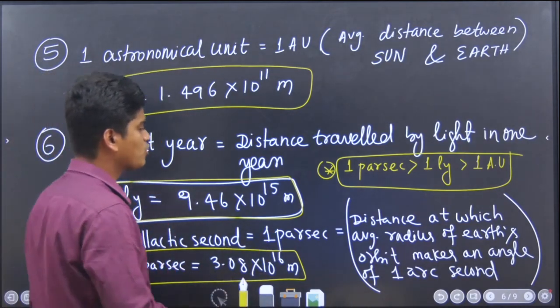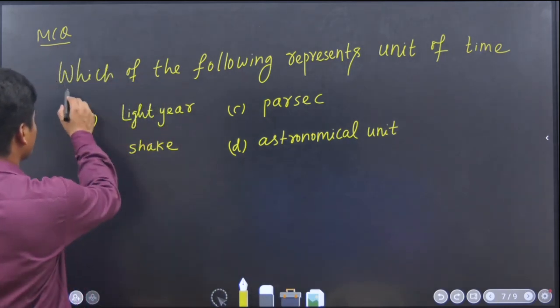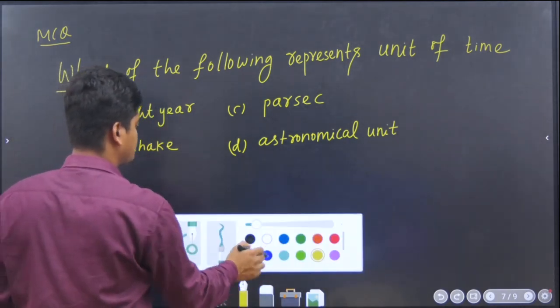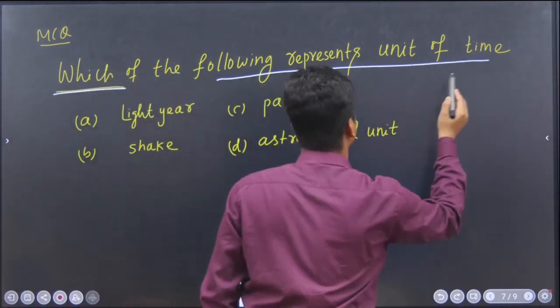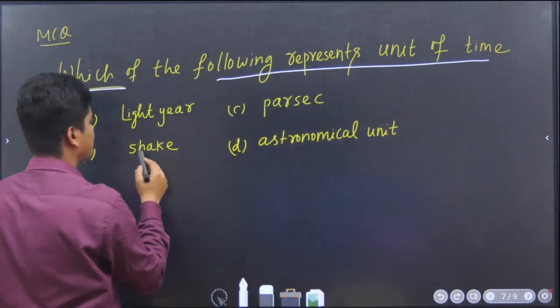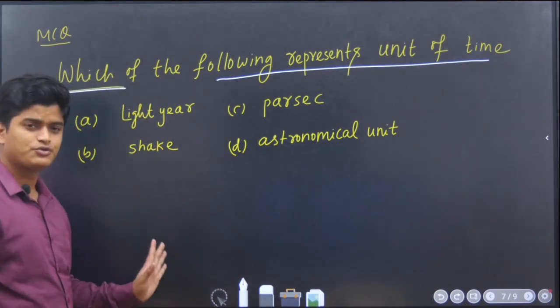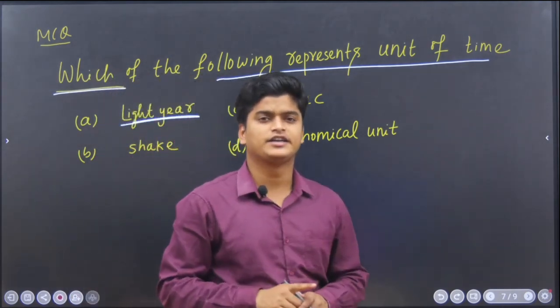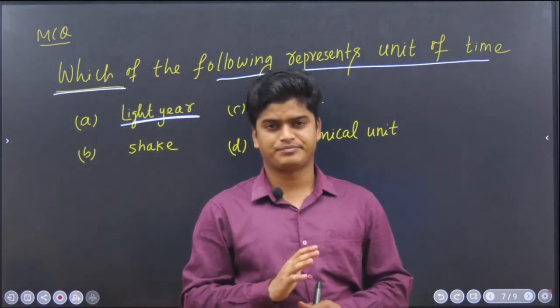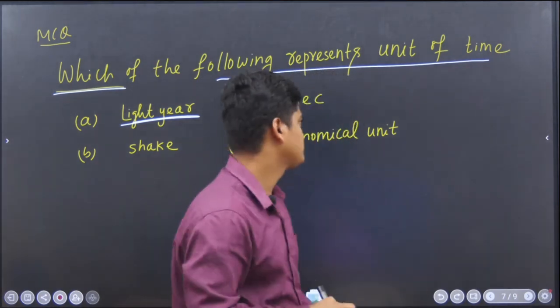Now, I will go to the questions based on this. Which of the following represents a unit of time: light year, sec, parsec, astronomical unit? Remember what we just studied. Light year is not a unit of time, it is a unit of distance, the distance travelled by light in 1 year.